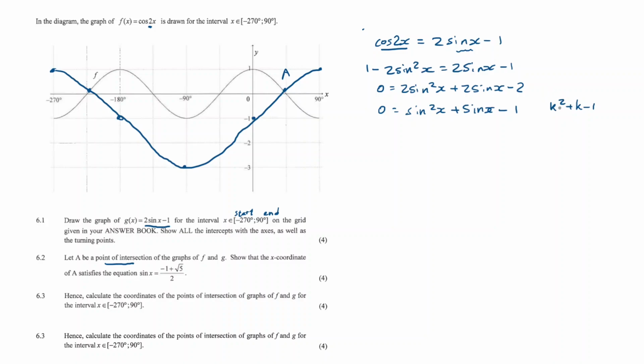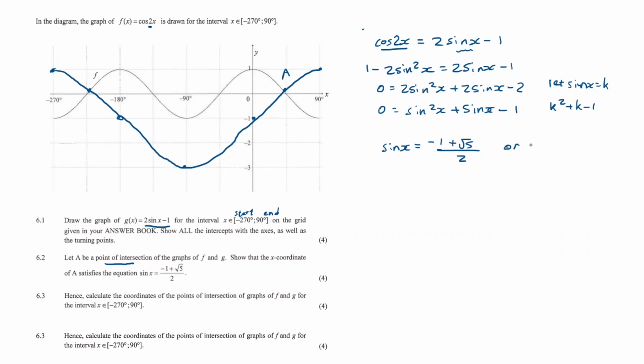So if you literally wrote k, you'd have to just say let sine x equal k, and then you could carry on factorizing from there. So I use the quadratic formula, and instead of saying x equals in the quadratic formula, I would say sine x equals, and I end up with an answer of this. I haven't shown all the working out, but I basically just used the quadratic formula.